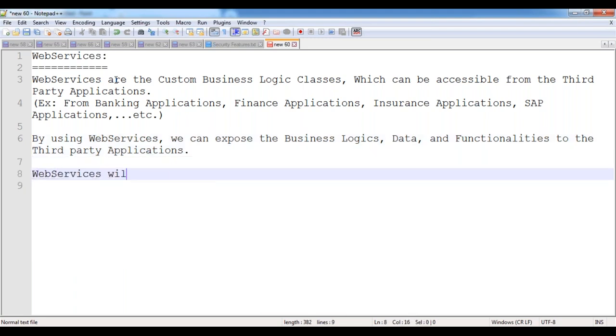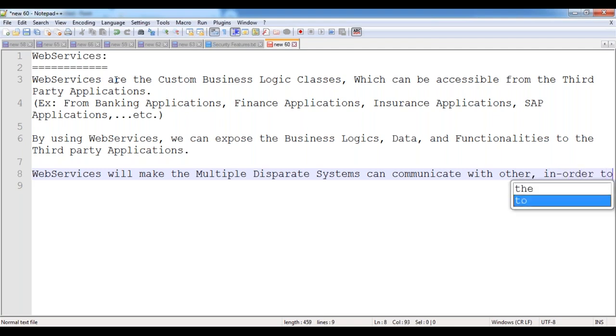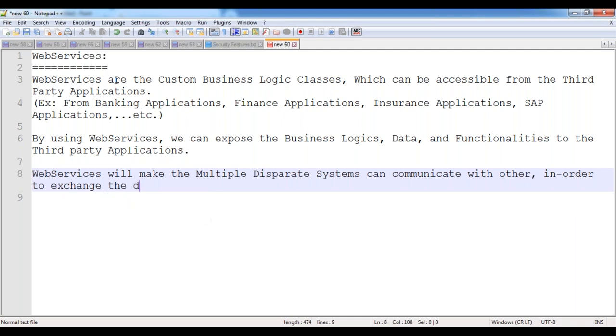So web services will make multiple disparate systems able to communicate with each other, in order to exchange the data, business logic, or functionalities.